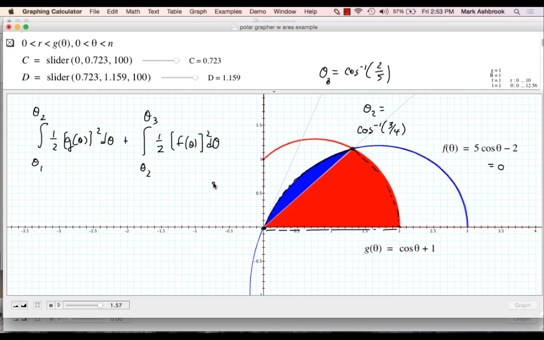So you really have to think about the top of the curve as the radius, right? And then all this area is coming in slivers to the pole.